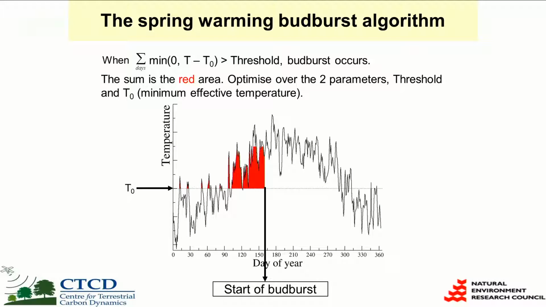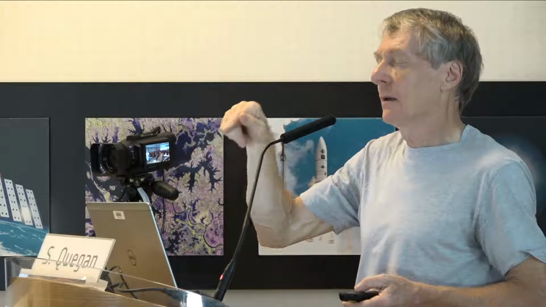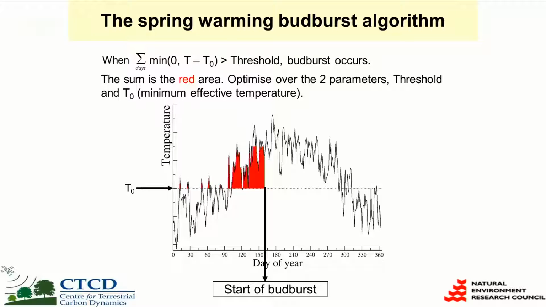Now, what we want, let me just back up a second. What I've said is that in the models, every process has to be parameterized. So if we're going to predict 2050, I don't know the climate, I can't observe the bud burst in 2050, so I've got to be able to say what day will the trees decide to let their leaves come out in 2050.